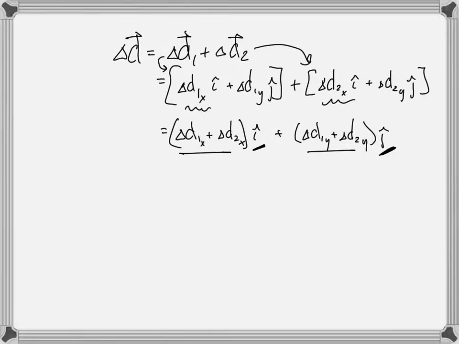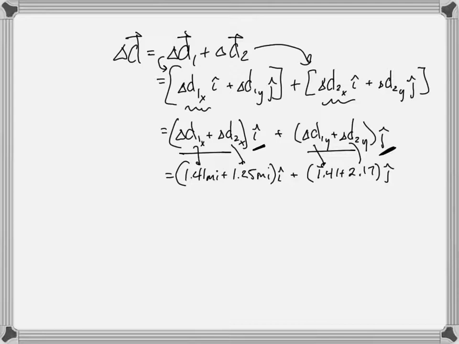Okay, so we'll just plug in. I copied the numbers from the previous page: delta D1x, delta D2x, delta D1y, delta D2y. And so now we add those. We get 2.66 miles in the i direction, or the x direction, plus 3.48 miles in the j direction.